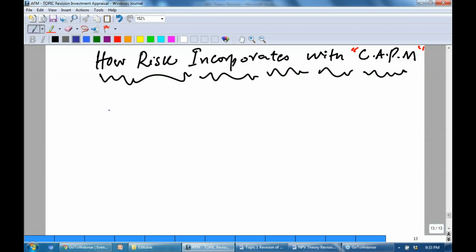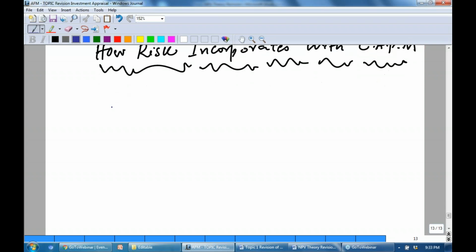Number one, you must be aware of one thing. Let's suppose you are an equity holder and you are expecting a return from a company.